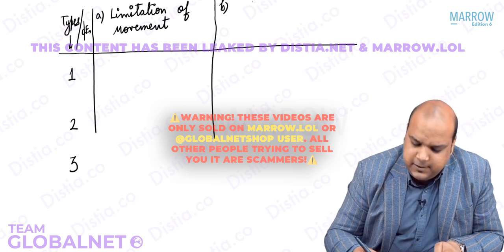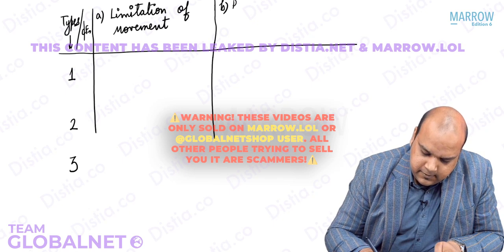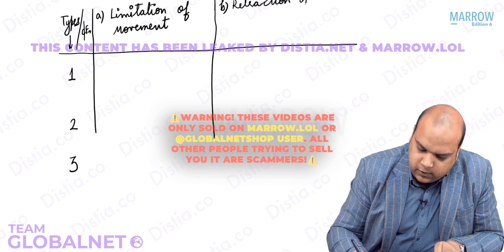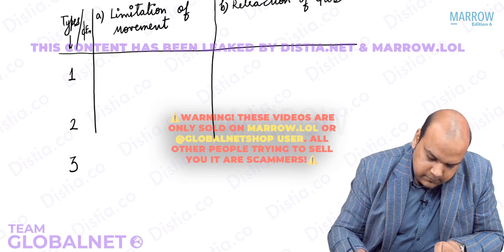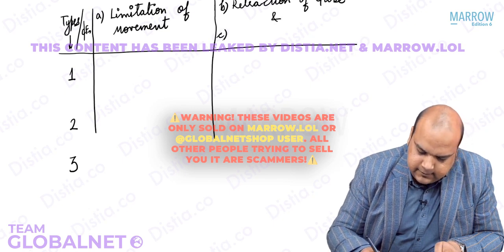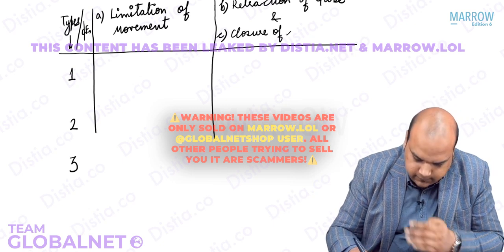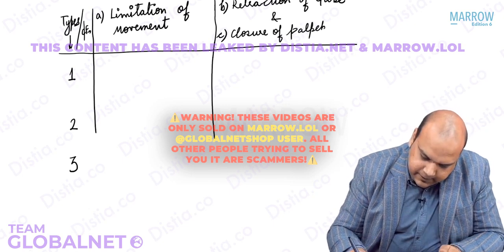Clinical feature number 2, retraction of globe. And third clinical feature, closure of palpebral fissure.